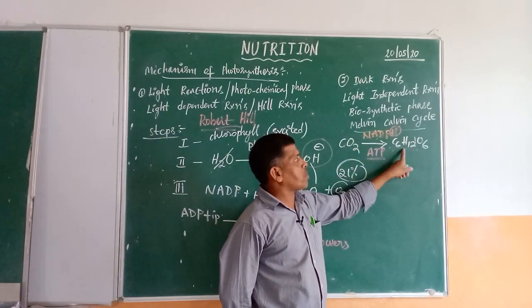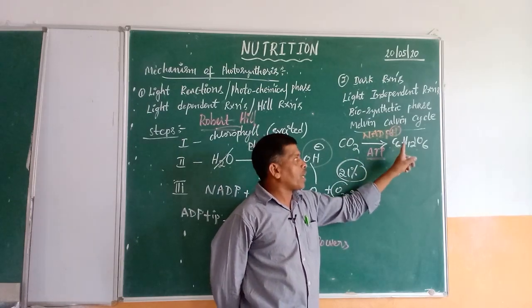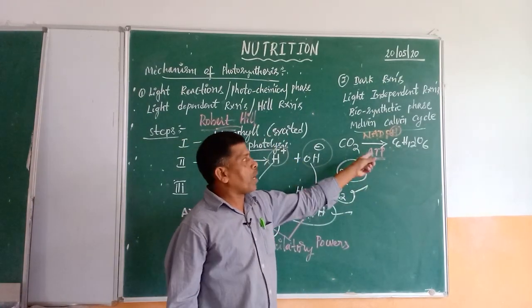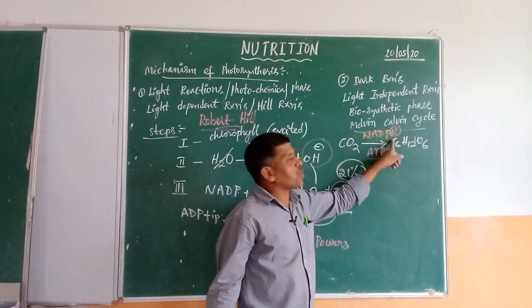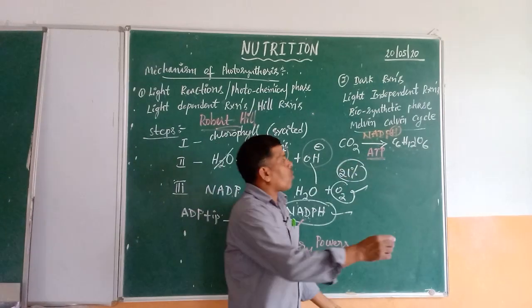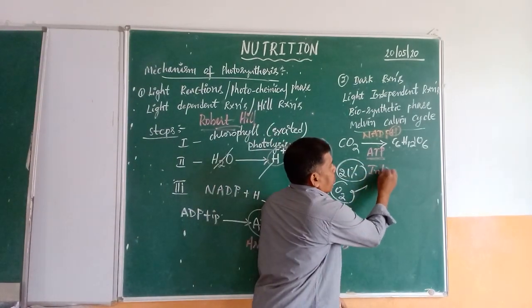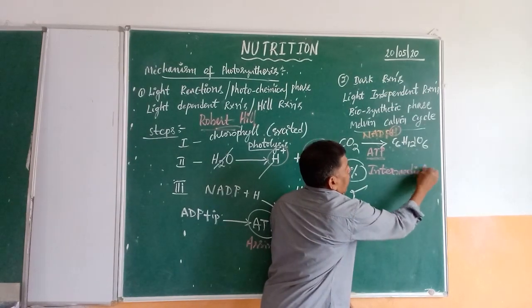There are several steps involved, and during each and every step, whenever we get a new substance, from that particular substance, finally we get the glucose molecule. The substances which are formed before the formation of the glucose molecule are called intermediate compounds.